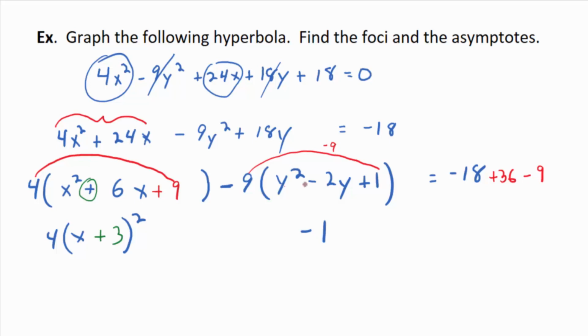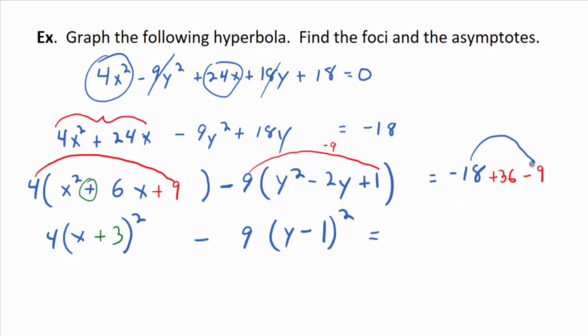Okay, then what does y squared minus 2y plus 1 factor to be? y minus 1, the whole thing squared, right? Don't forget the 9 is in front. Don't forget the operation is minus between the two terms on the left side. Okay, and then what do we get on the right side?